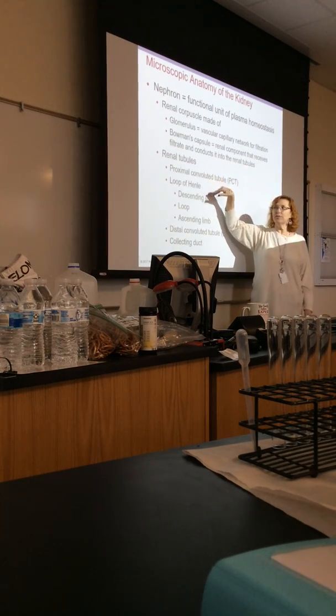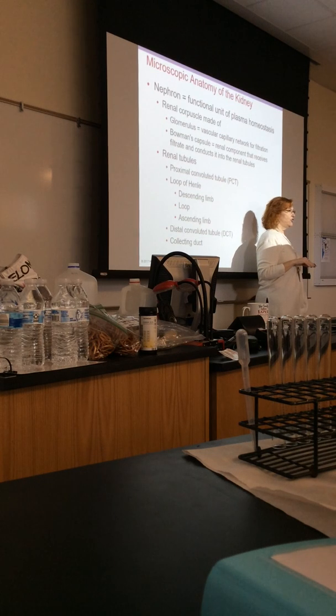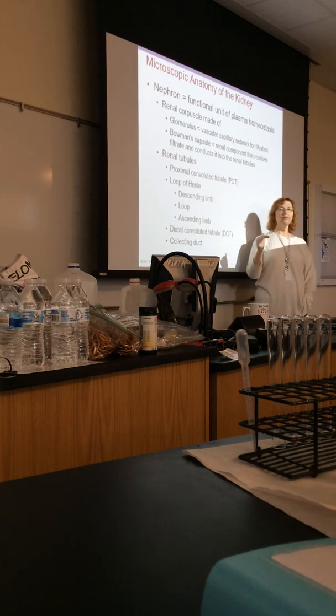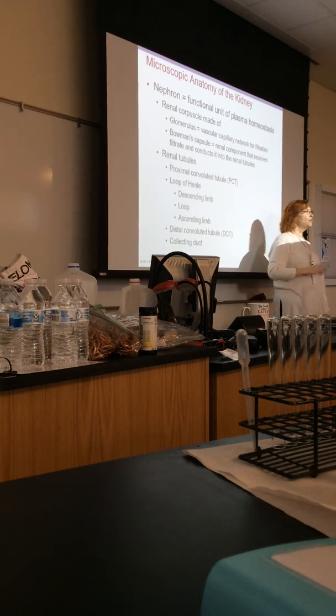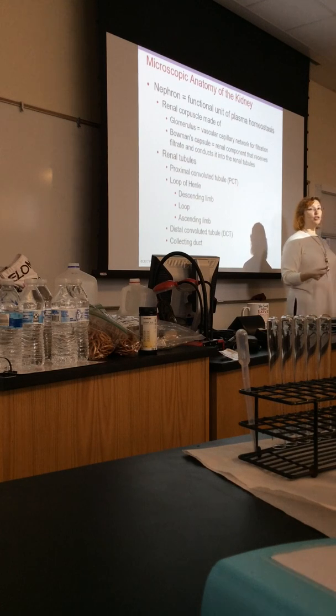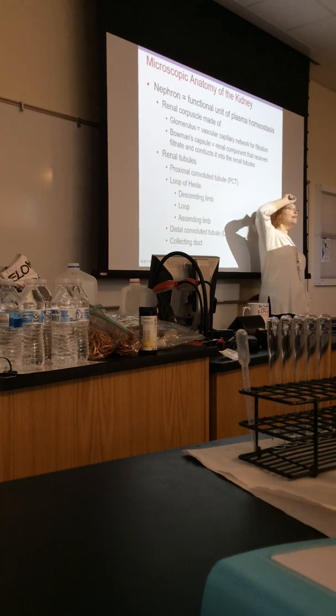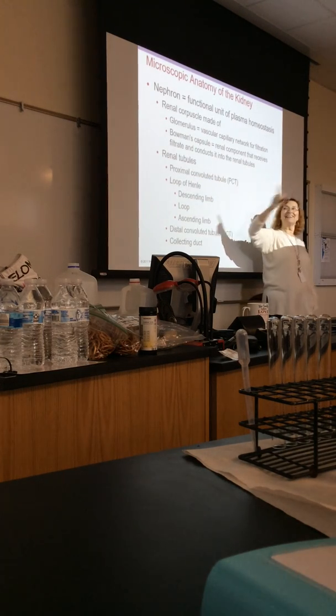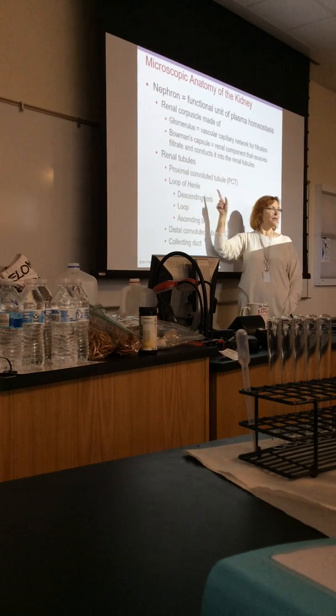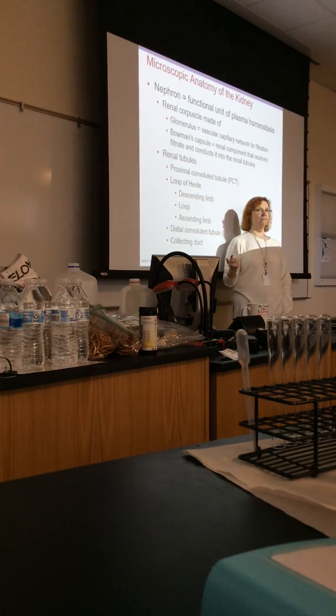Now we go down and we do our modifications. And those modifications occur through a set of small tubes, hence tubules. We have, and the easiest tubule to detect is this big loop that's called the loop of Henle.